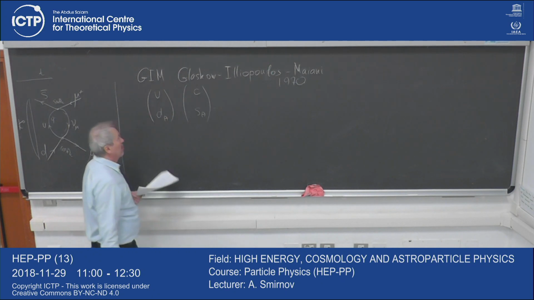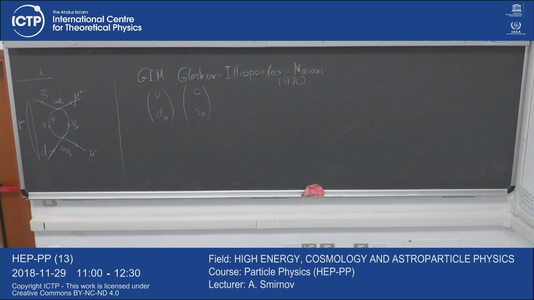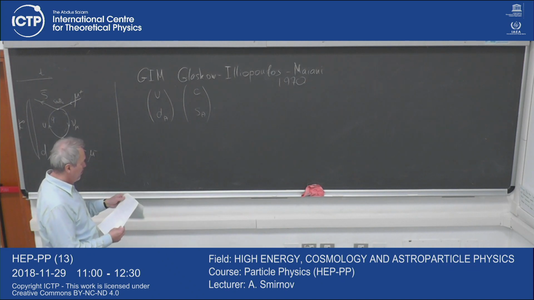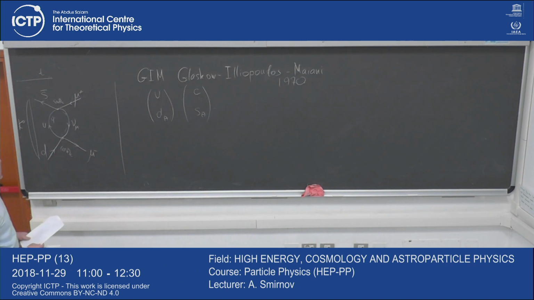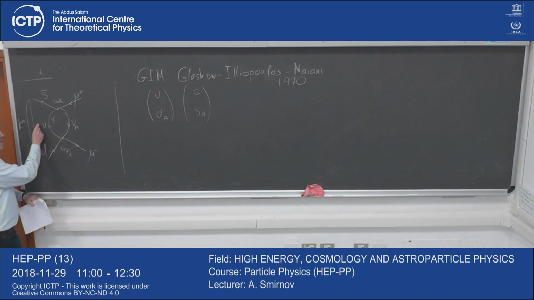That was a suggestion by Glashow and Bjorken before, just from the point of view of symmetry between quarks and leptons. Okay? Then what will happen? Due to this additional doublet and therefore currents, you will have a similar diagram, but with charm here.